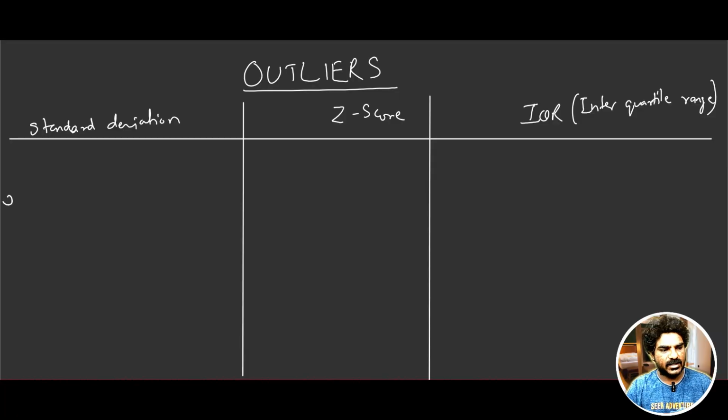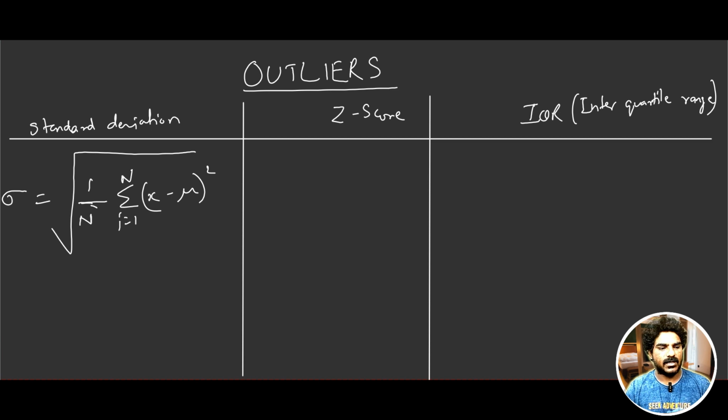So the standard deviation is represented as something like this, and the formula for standard deviation is 1 by n summation i equals 1 to n (x minus mu) the whole square. N is the number of observations, x is the input value, and mu is the mean value. There is something called variance.